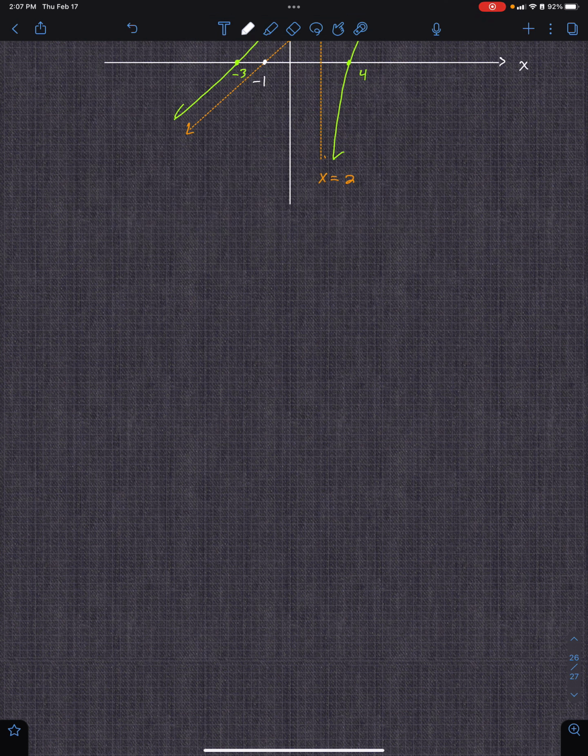Okay, this is the next example. This is number 83, not that it matters really. Graph f of x equal to x squared plus 7x plus 10 divided by x plus 3.